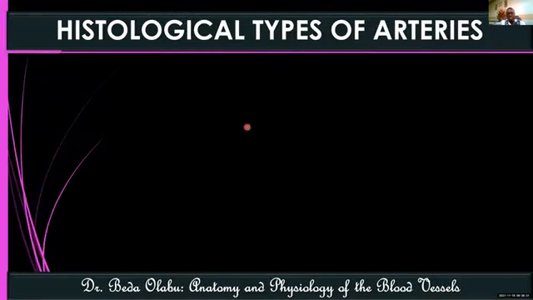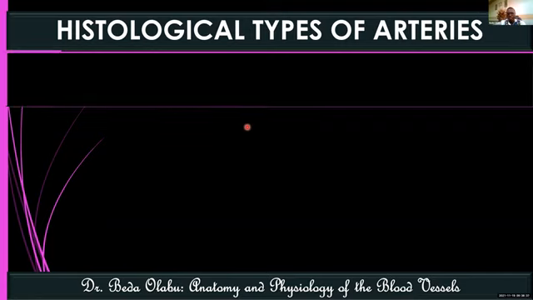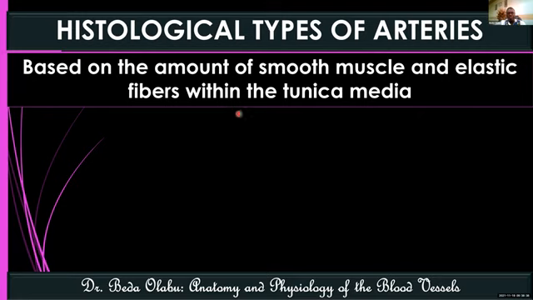Based on what I've described for you, I want us to now talk about histological types of arteries. We classify arteries histologically based on the amount of smooth muscle and elastic fibers which are present within their tunica media.